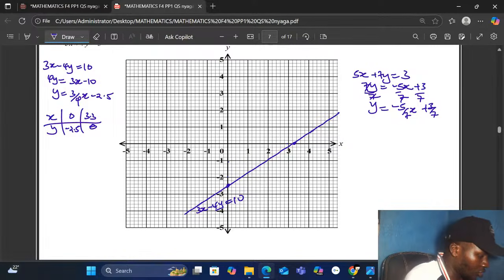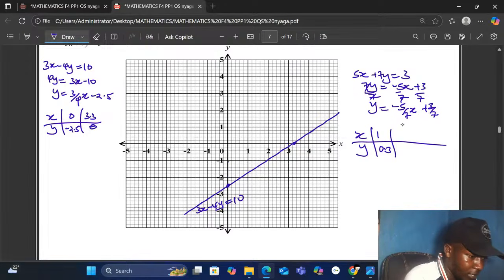Now we can take 2 to 3 points for us to have something accurate. So we have x, y. So when x is 1, let's have x as 1. Now y will be 0.3. Simply take x, replace x with 1.